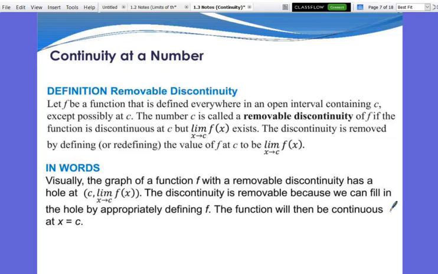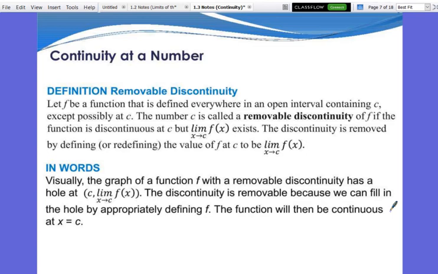The number c is called a removable discontinuity of f if the function is discontinuous at c, but the limit as x approaches c exists. The discontinuity is removed by defining or redefining the value of f at c to be the limit as x approaches c of f of x.